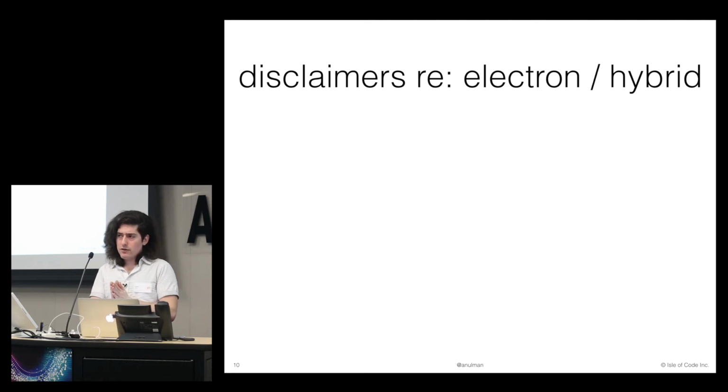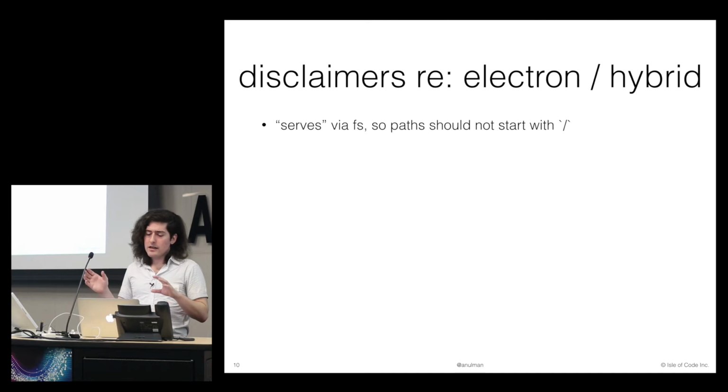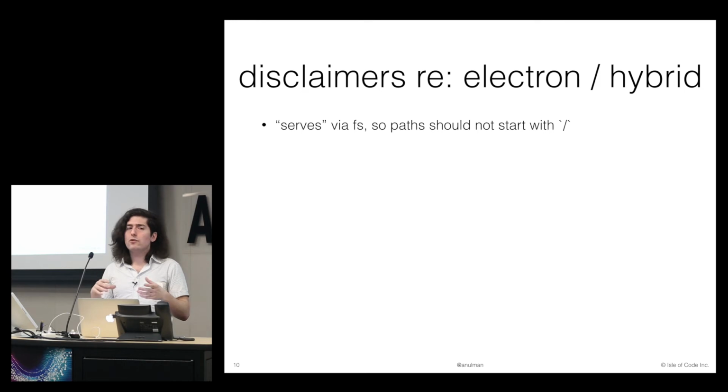Couple of disclaimers for those of you new to hybrid. First off, Electron and most hybrid apps, because they are serving JavaScript or single-page applications, HTML CSS JS payloads from the file system, you generally want to avoid prefixing your paths with a slash.